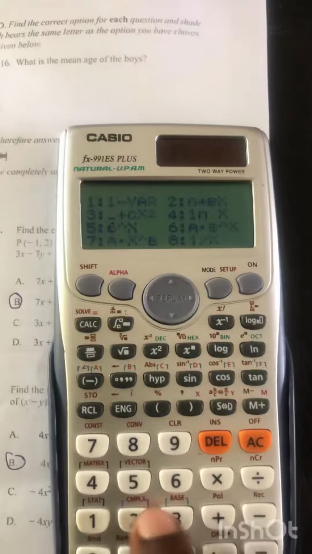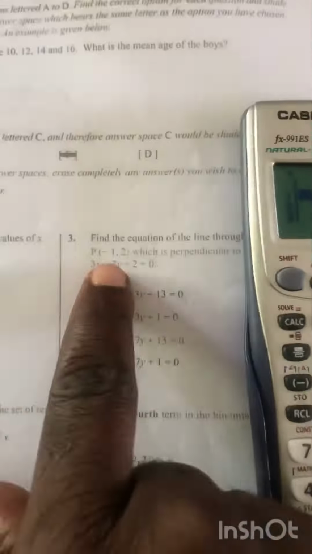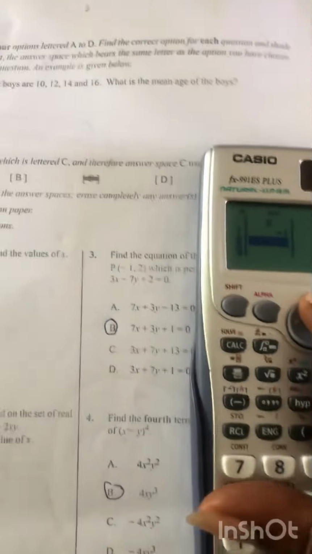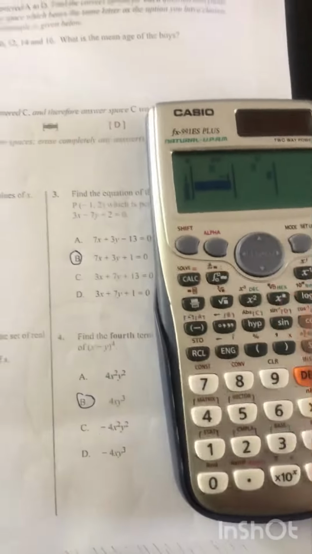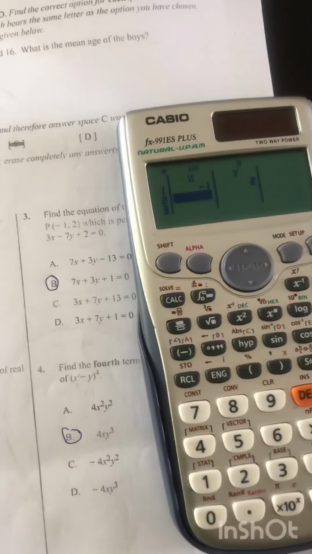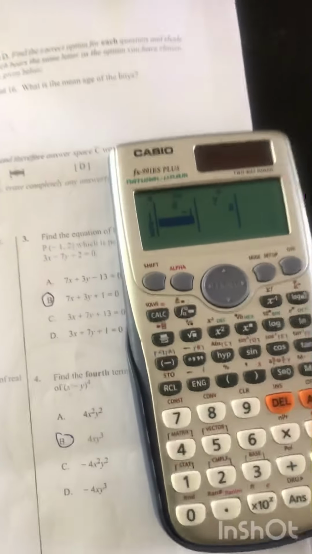So we want to find the equation. Now we have to enter the 2 points. We go to mode and select stat. Equation of a line is 2, so I press 2. Then I type in the x and y values: x is -1, y is 2. The second value is not given, but with the gradient you'll be able to find it, because the gradient is like a common difference. Moving from 1 to 2 is the same difference as from 2 to 3.